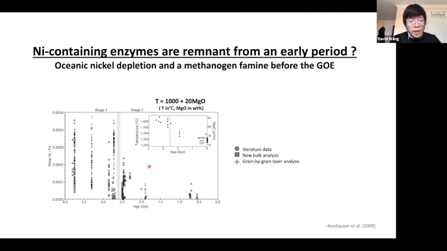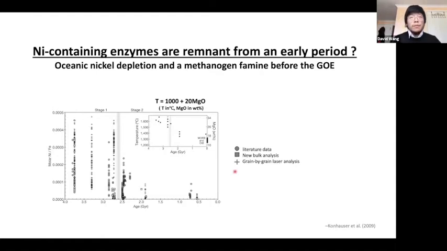It also suggests that this might be caused by the cooling of the upper mantle temperature and decreased eruption of nickel-rich ultramafic rock at that time. In this example, it shows that nickel might be a good geochemical tracer to let us better understand the geological history.